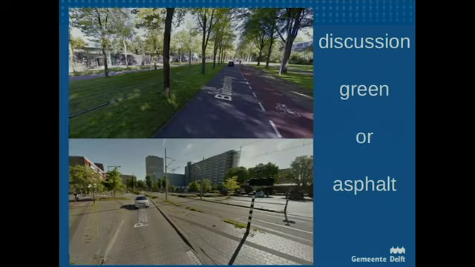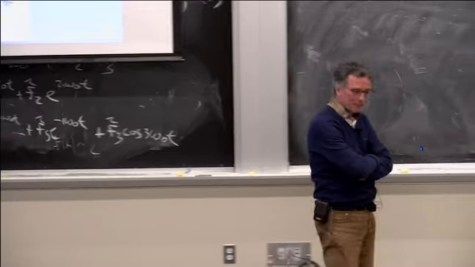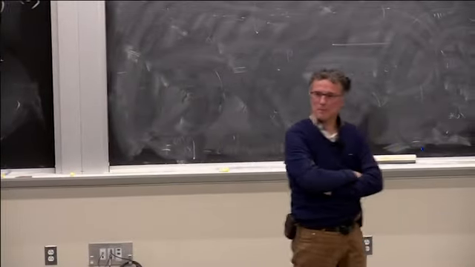I do also have some discussions with my urban planners, and they love the light rail in the green grass in the middle. And my public transport people like to have asphalt. What do you like?